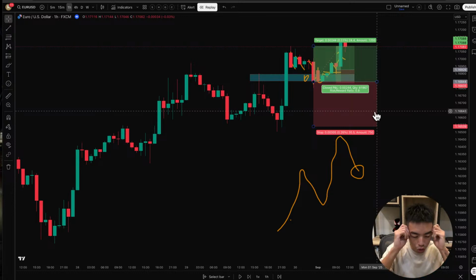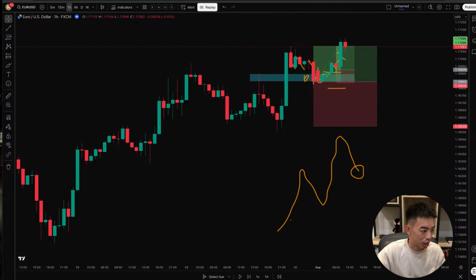Now I want to make sure you guys really internalize this logic. The only reason why we're going down to the lower time frame is to look for the precision entry, to look for the turning point. That's it. You don't want to overkill it by going down way too many time frames.